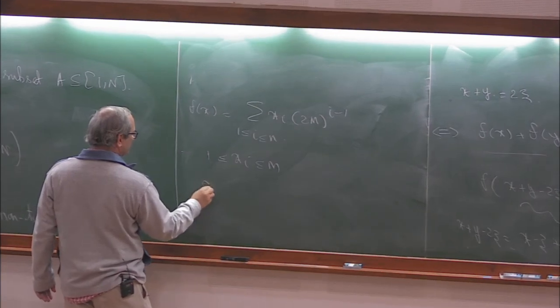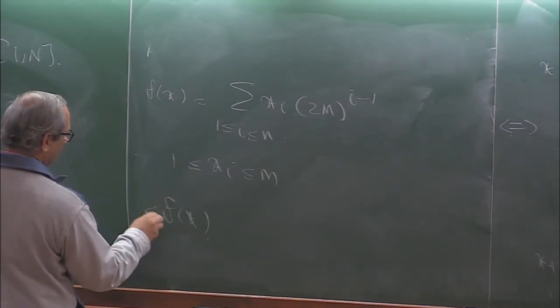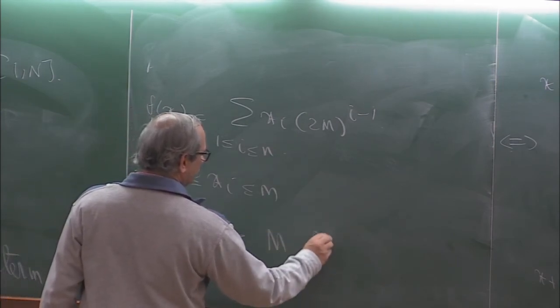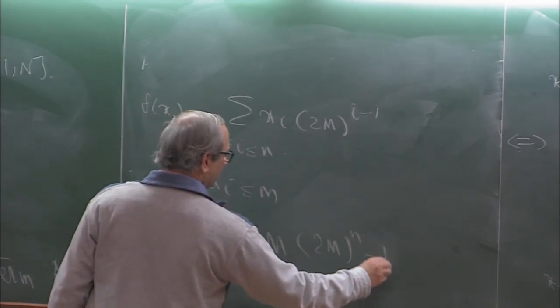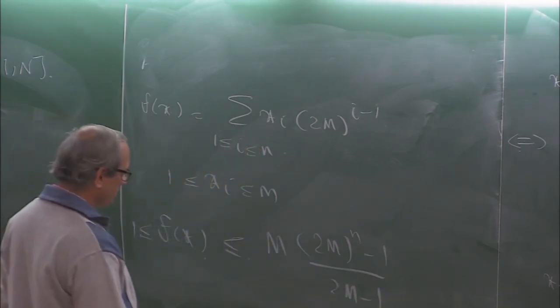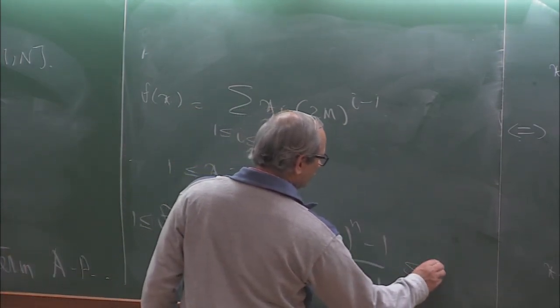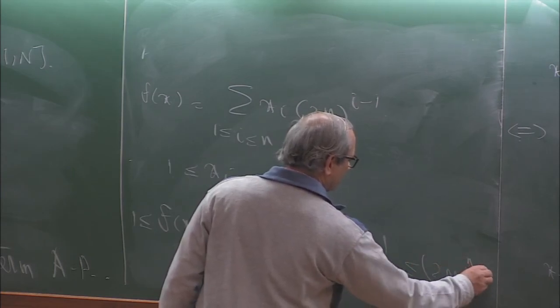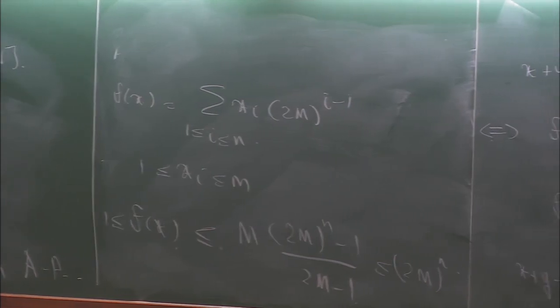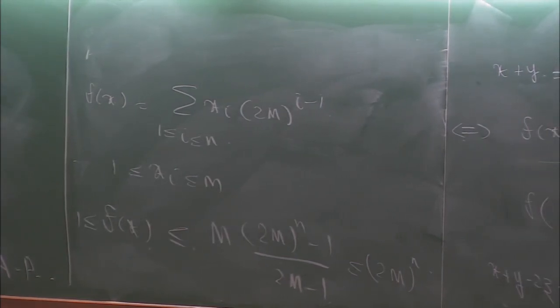So f of x lies between 1 and m times (2m to the n minus 1) by (2m minus 1), which is certainly less than 2m to the power of n.